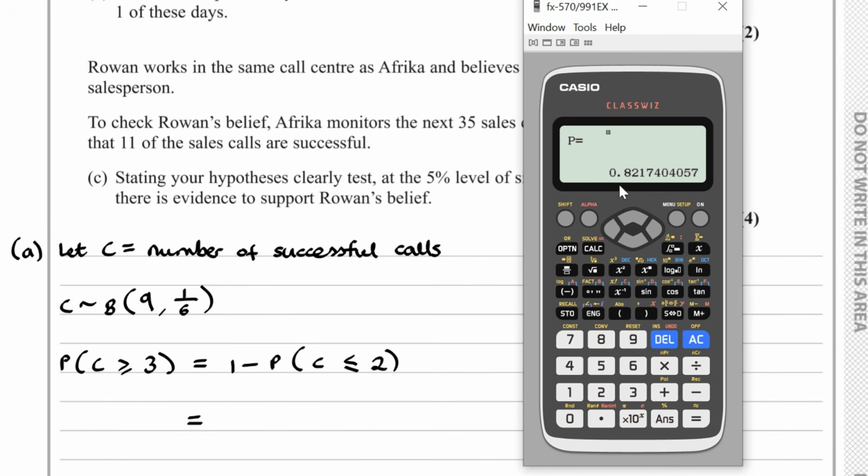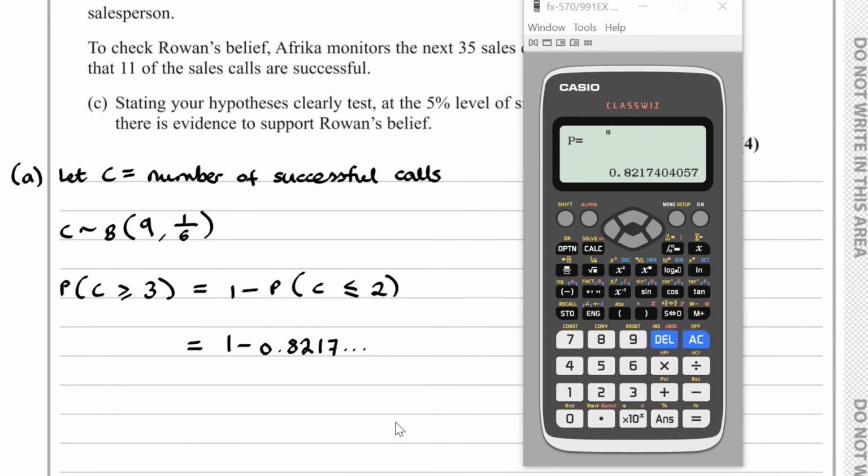It turns out we get, for the probability that C is less than or equal to 2, 0.8217, etc. So therefore 1 minus this is equal to 0.178 to 3 decimal places. Let's store this into A just in case we need it later on.